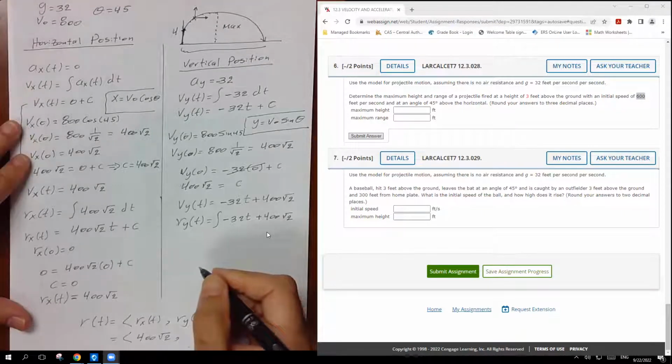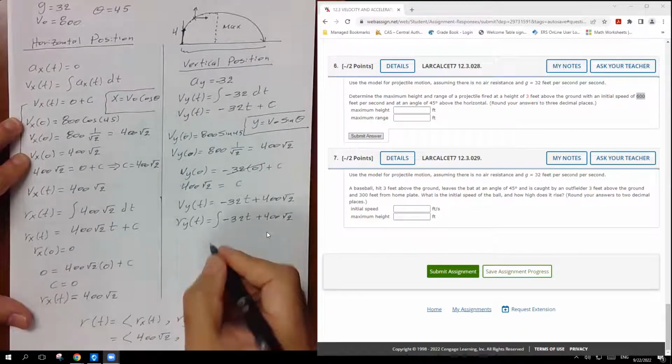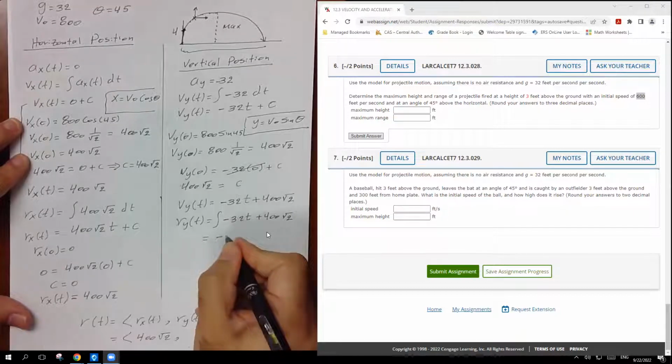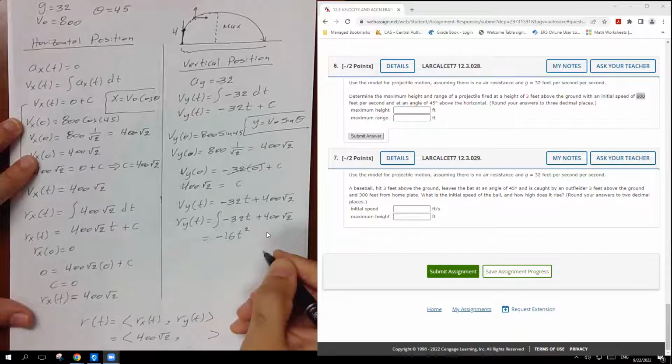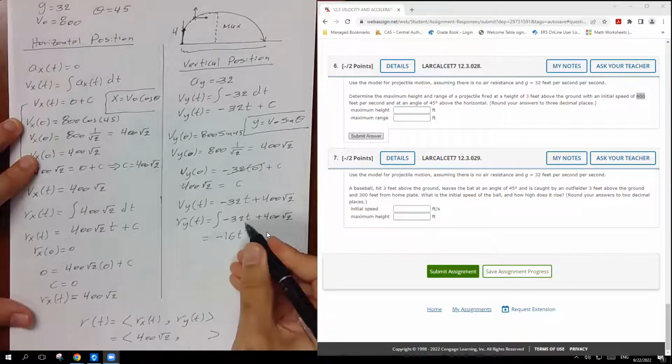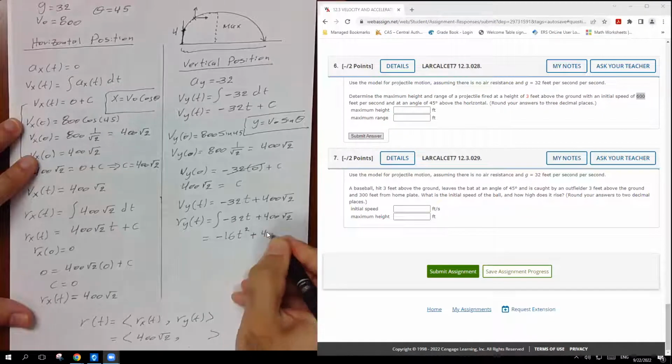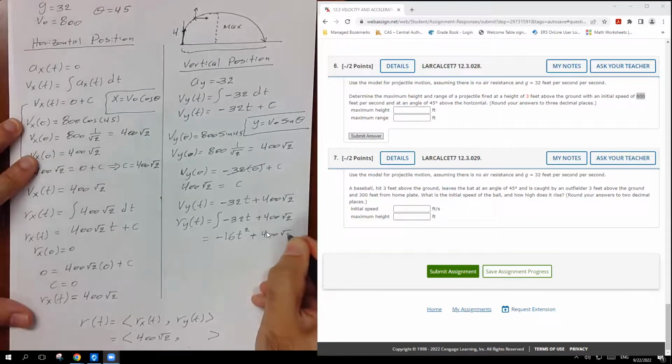So this equals negative 16t squared, because negative 32t squared over 2 is negative 16t squared, plus 400 square root of 2 t, plus c.